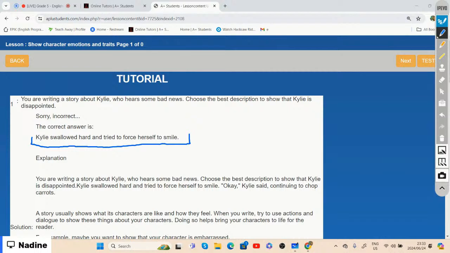So when you think of having to write your own story, having to write your own book, right? Then it means that you're going to have to try and use actions and dialogues to show how your characters feel or how your characters behave or how your characters are like. And like I say, characters don't even have to be in the form of people. It can be literally anything. And I made an example of, is it Paw Patrol, right?